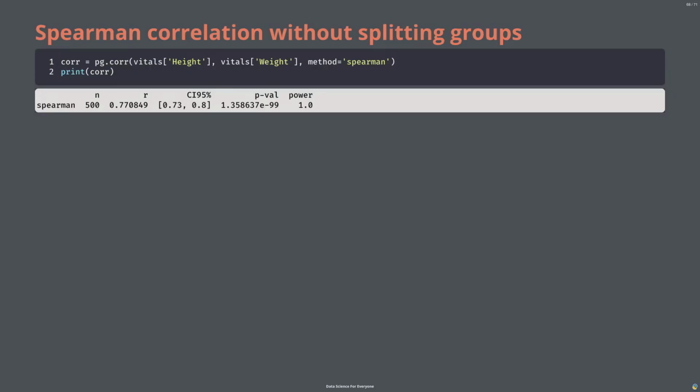To run the Spearman correlation test, we use the corr function from the pingouin package, specifying the method as spearman. This calculates the correlation between the height and weight without splitting the groups. The output gives us a Spearman correlation coefficient of 0.77, which indicates a strong correlation between the heights and the weights.